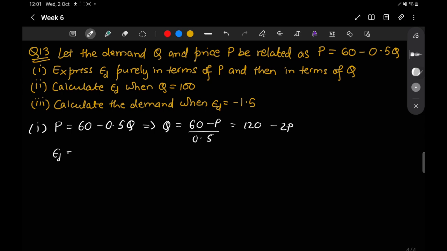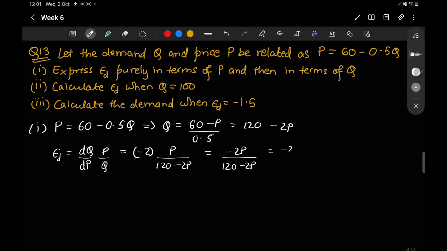Now in this case, elasticity of demand is going to be dQ over dP times P over Q. So dQ over dP is simply -2, and then P over Q is P over 120 minus 2P. So this is minus 2P over 120 minus 2P, which is -2 times P, and P is 60 minus 0.5 Q, over Q.